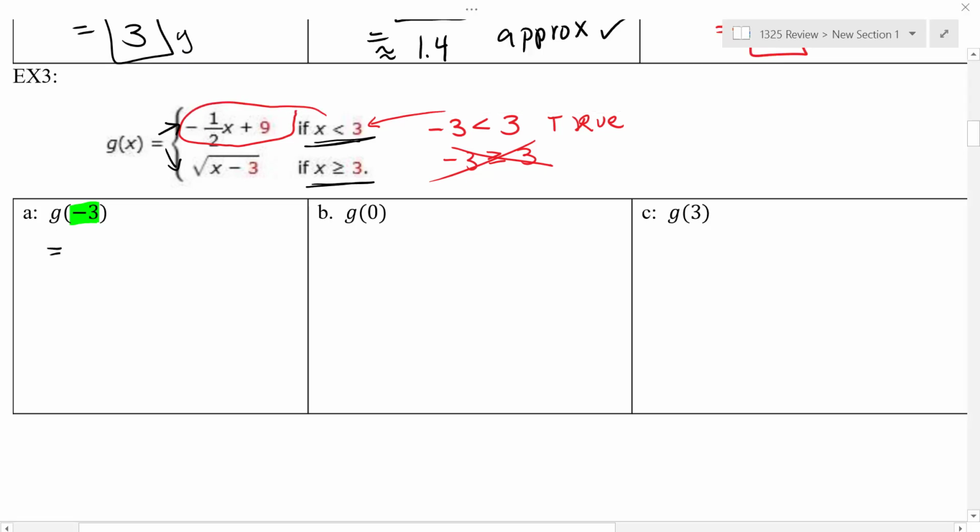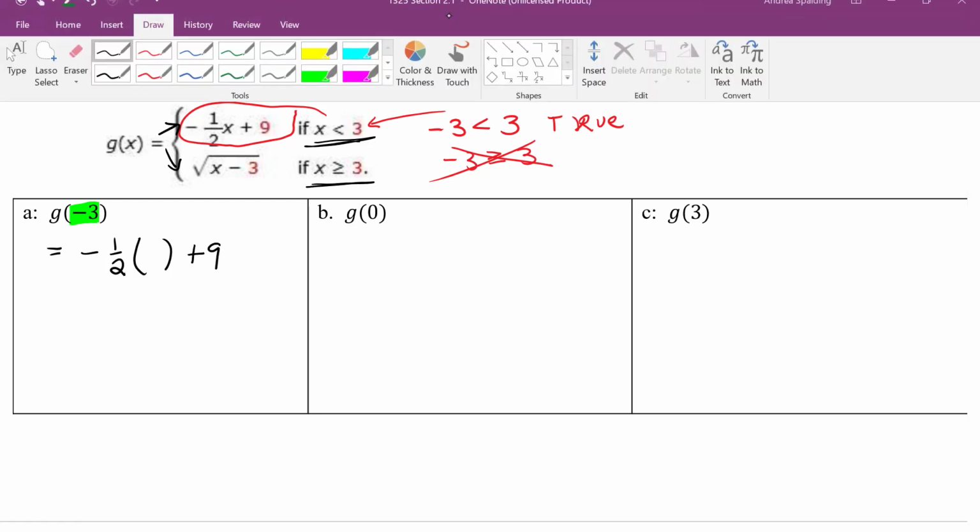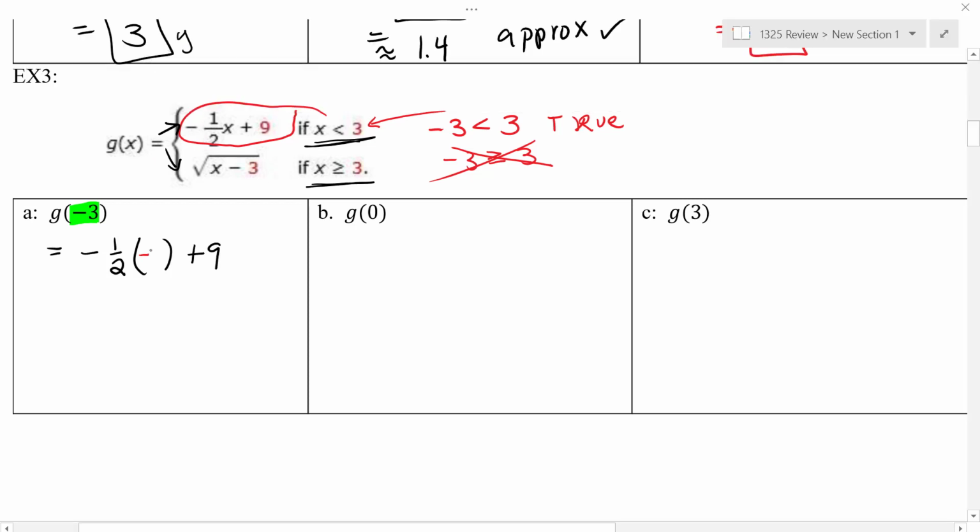Right, so I'm going to copy down that top equation, replacing x with parentheses. Negative 1/2 times x plus 9. So now I'm going to put negative 3 into the parentheses. Now when you simplify this, you can do PEMDAS and do that by hand, or you can also pull out a calculator.